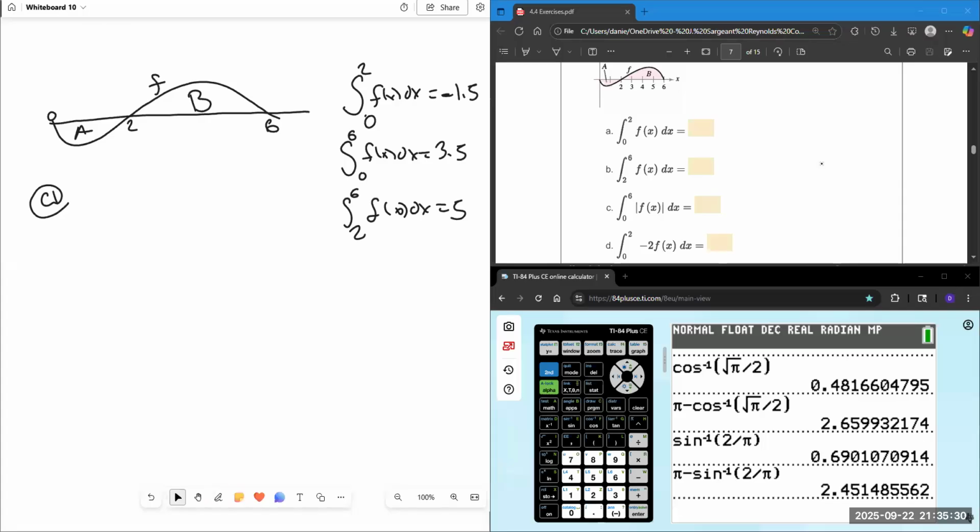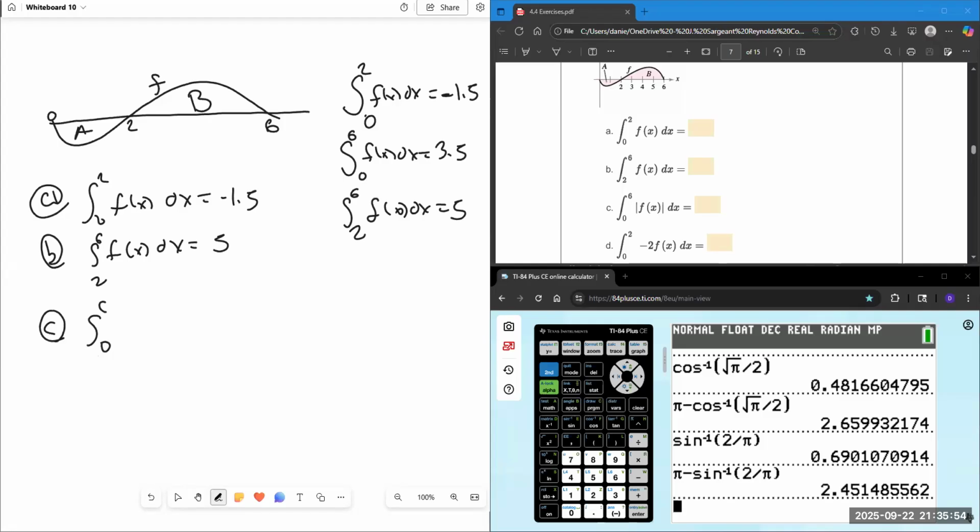So the integral from 0 to 2 of f of x dx, I just wrote that off to the side, is a negative 1.5. B says the integral from 2 to 6 of f of x dx is 5.